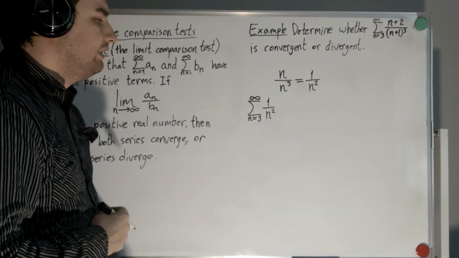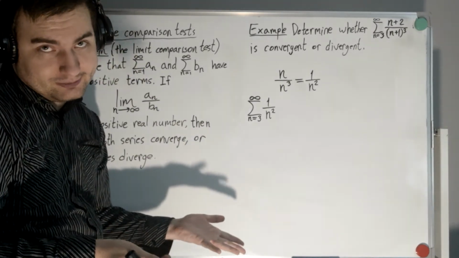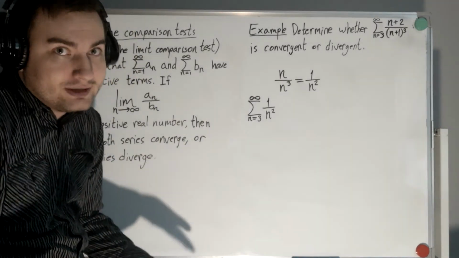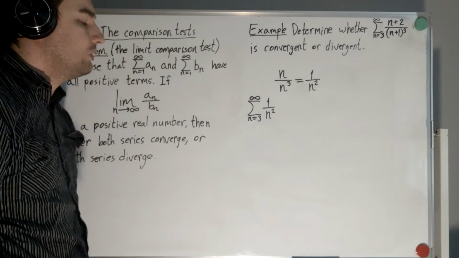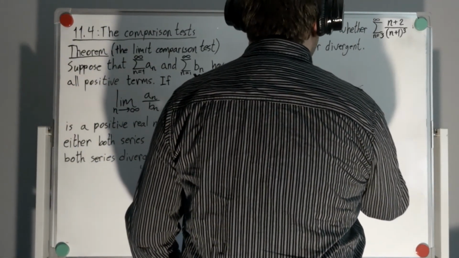Strictly speaking, we're leaving off the first 2 terms of the convergent p-series, but that doesn't make it not convergent, right? That's not going to change the way this works out. So we'll just say this is a convergent p-series.